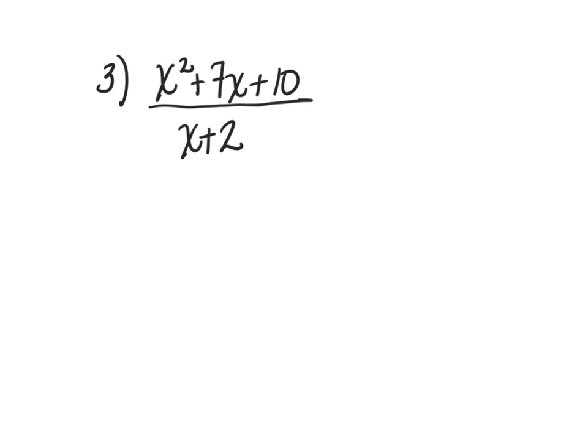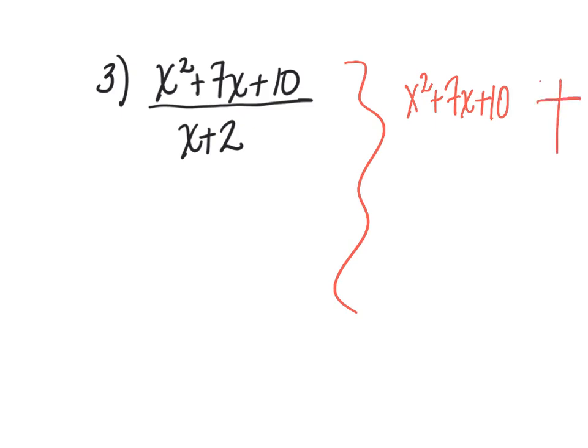So I'm going to take my numerator and I'm going to look at it off to the side and ask myself, how would I factor x squared plus 7x plus 10? It's a 3-term polynomial. There's no GCF, so we know we're just going to jump right into split B. So A times C is 10 and B is 7.